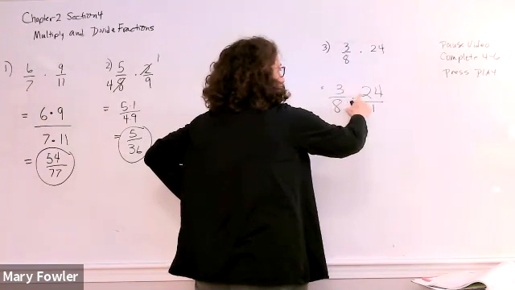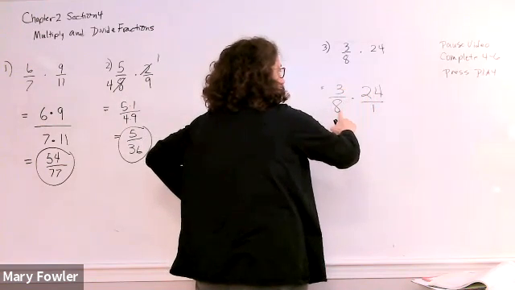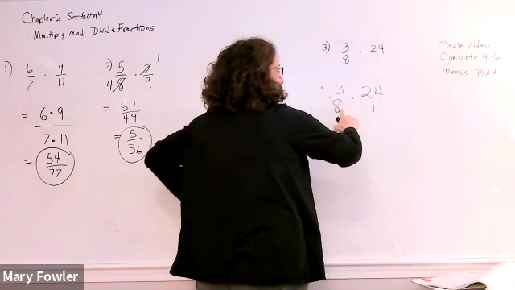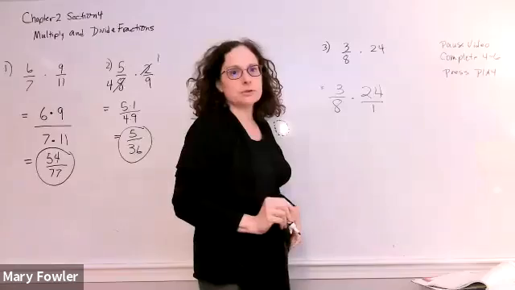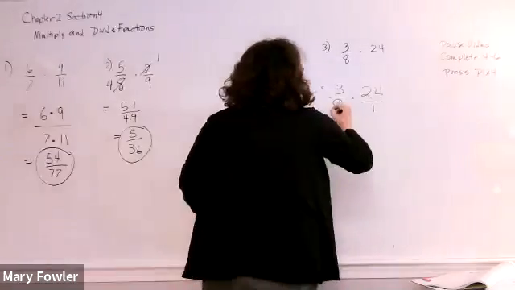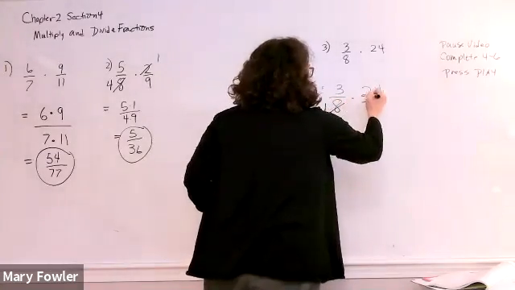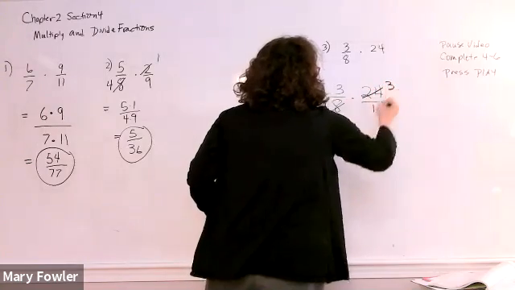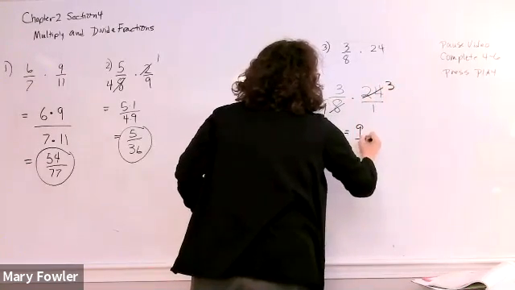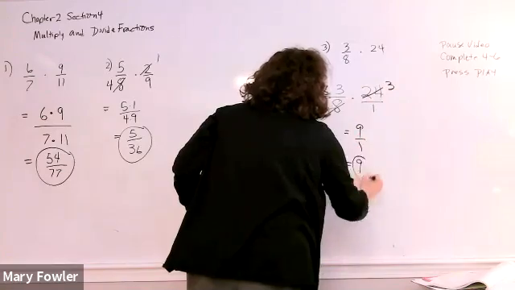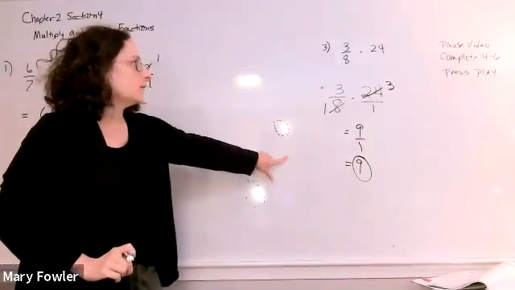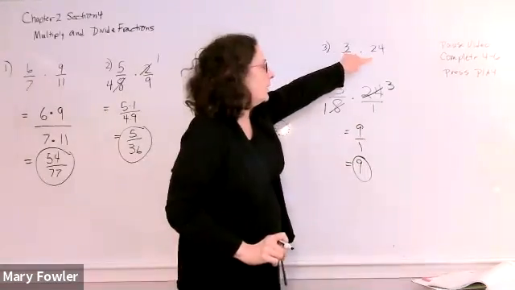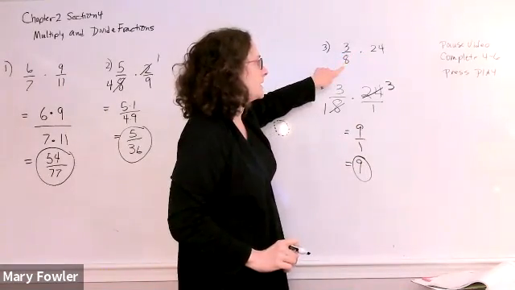I have a 3 and a 24 up here, and I have an 8 down here. I know that 8 divides 24 evenly. 8 times 3 is 24. So 8 goes into 8 one time, 8 goes into 24 3 times, 9 over 1, which is 9. Okay, that's how to work with whole numbers multiplying by a fraction.